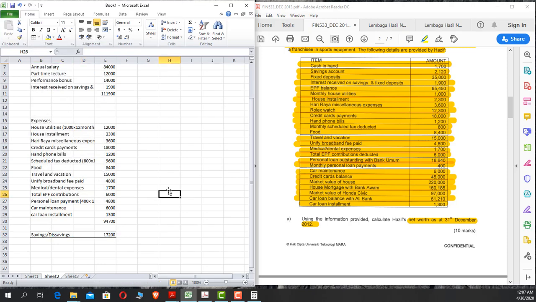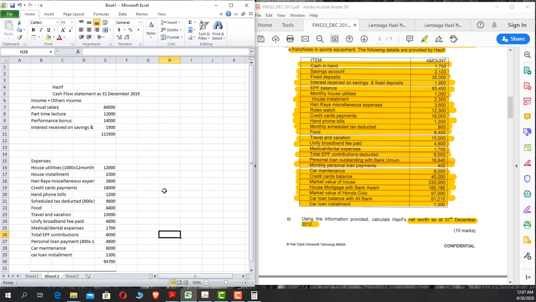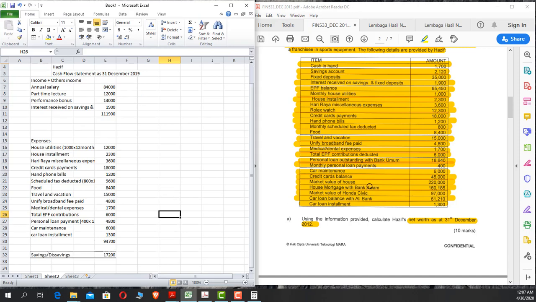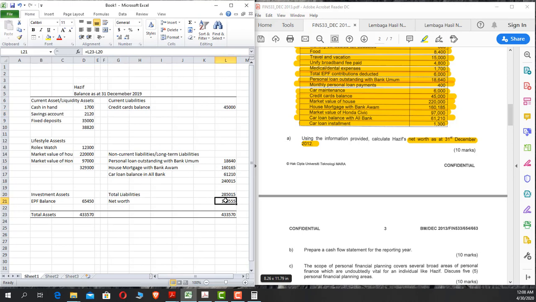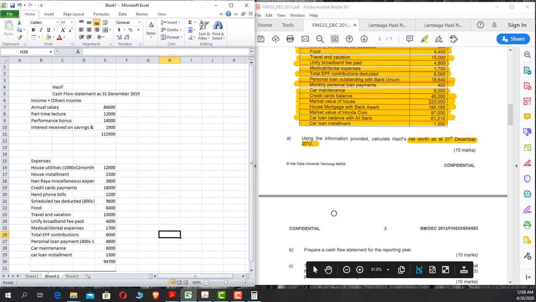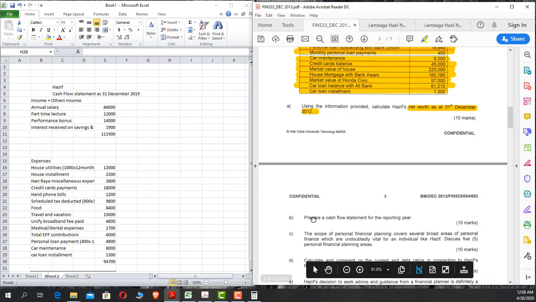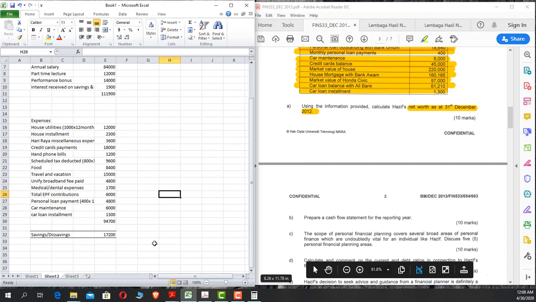So that's all for your cash flow statement. And so based on the question, dia kata yang ni pengiraan untuk net worth. So dah dapat nilai net worth awak ialah 148,555, and then the next awak kena ialah prepare your cash flow statement for reporting year. Awak dah buat based on ni, and then awak akan dapat saving.